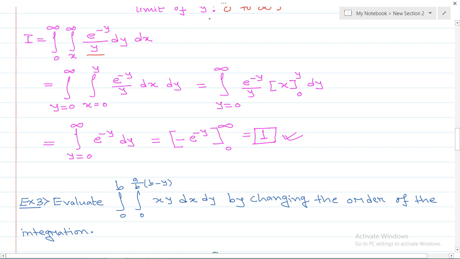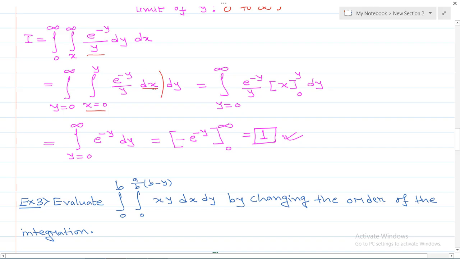Since y limit is constant, y limit will be the outer integration, so y equals 0 to infinity will go outside. x limit is going to be variable, so the inner integration will happen with respect to x. So x limit is going to be 0 to y, e power minus y by y. First of all, we have to do with respect to x, then we have to perform with respect to y.